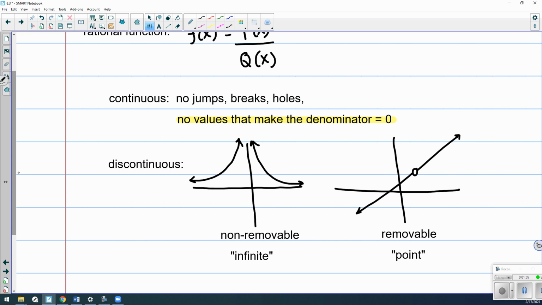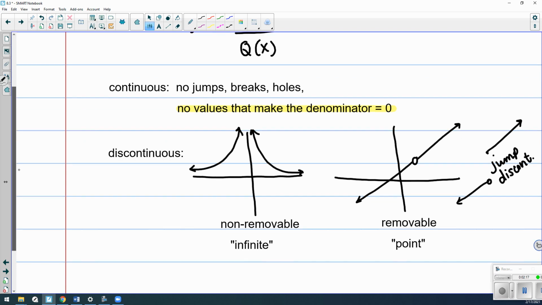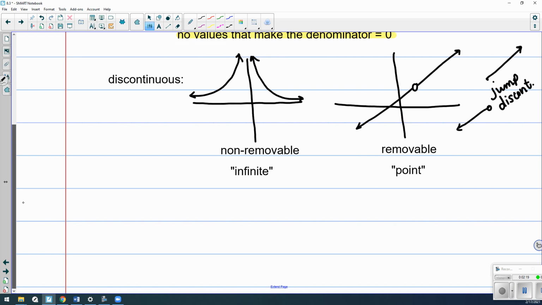In pre-calc, we'll take a look at jump discontinuity, where you're going, then you have a hole, and then your graph jumps up and keeps going. We're not going to work with that in Algebra 2. So we've got two main kinds of discontinuity, removable and non-removable.